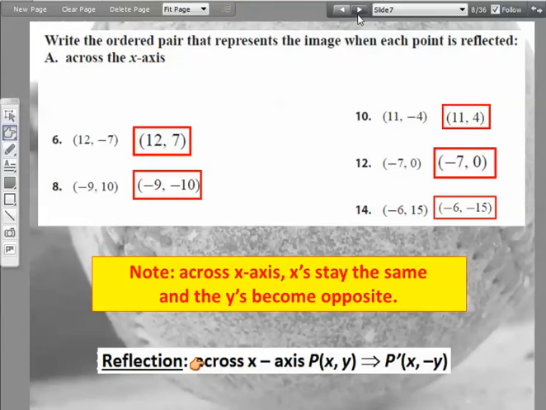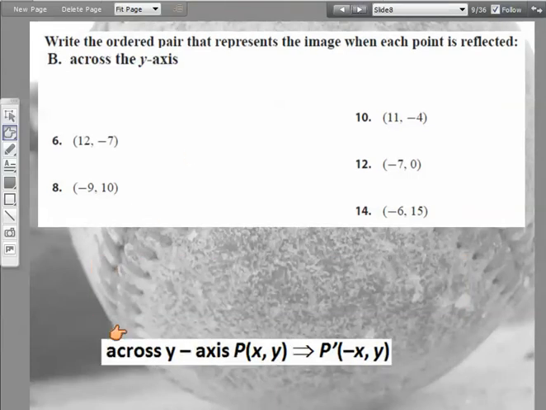Okay, so let's look at the y-axis. Here's your rule for reflecting across the y-axis. Your x's will become the opposite sign, your y's will stay the same. So -7, 10, -4, 0, and 15, those are all going to stay the way they are. However, 12 will become -12, -9 will be +9, 11 will be -11, and so on. So let's look at those answers.